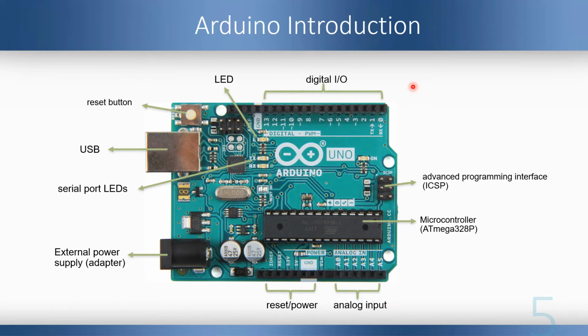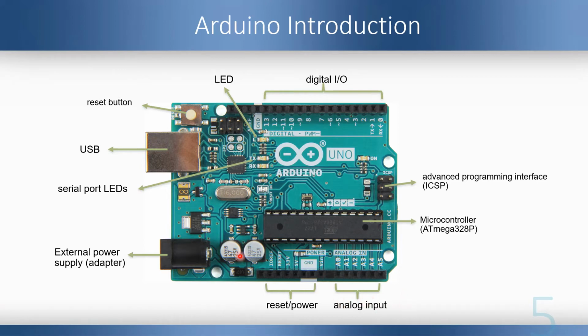These pins will be connected to your digital input-output electronic components, and at the bottom here we have the analog inputs. Those will be also connected to your external electronic analog input devices or sensors.